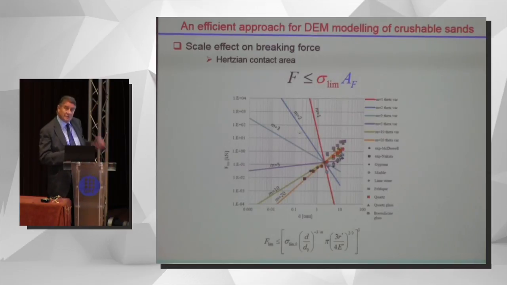In fact, because crushing is very topical, there have been quite a number of single particle tests that can be used to try to calibrate these models, in which we relate the limit force that causes the breakage and the size of the particle. We can see a number coming from different authors and different materials, and we see that a value of m around 10 for the Weibull distribution actually gives quite a reasonable representation of the experimental results.